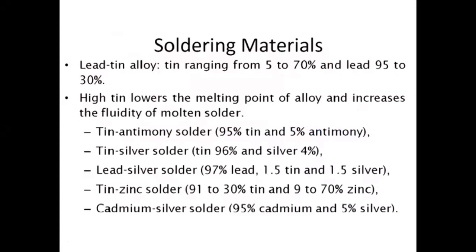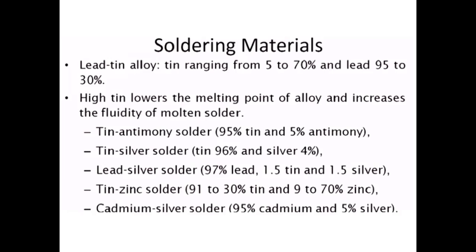So you see, what are the soldering materials? There is lead tin alloy, with tin composition ranging from 5 to 70%, and lead 95 to 30%. So if lead tin alloy is being used, then the compositions can vary like this. High tin lowers the melting point of the alloy and increases the fluidity of molten solder, right?